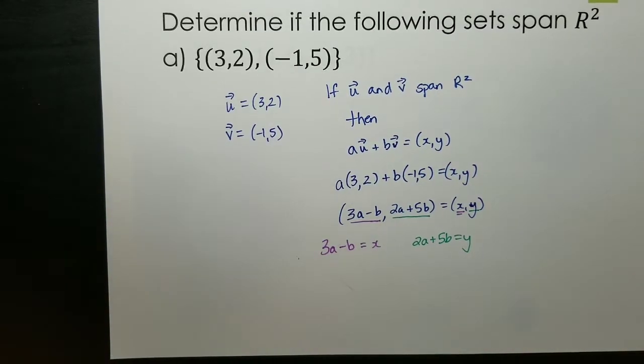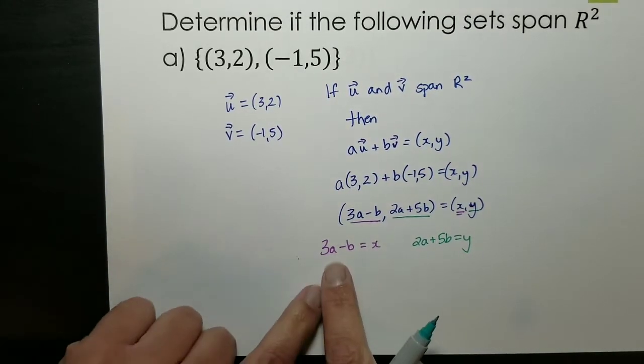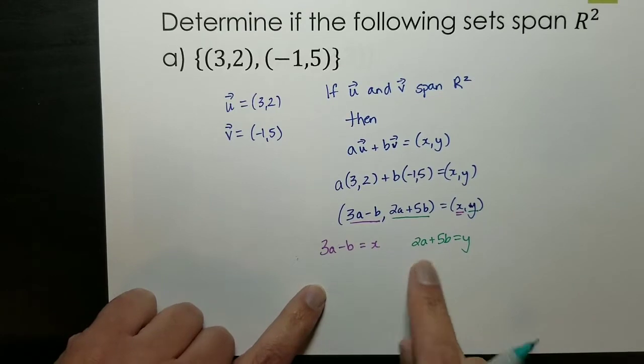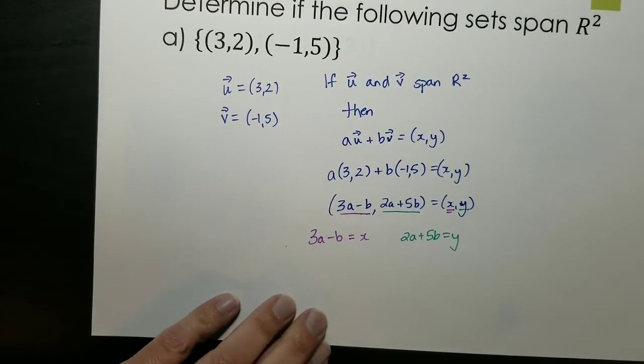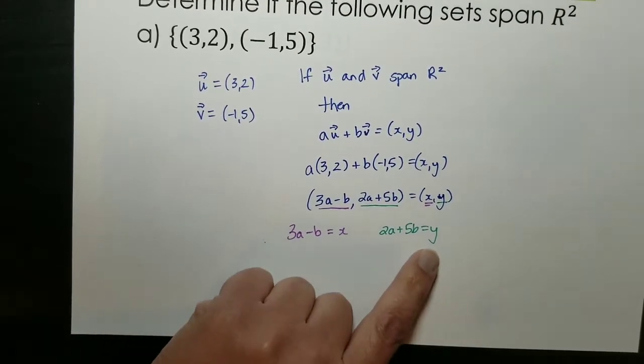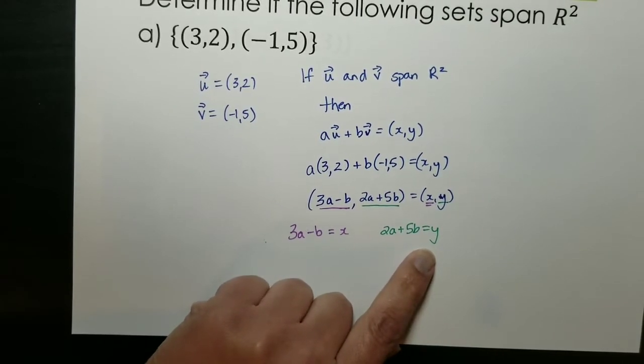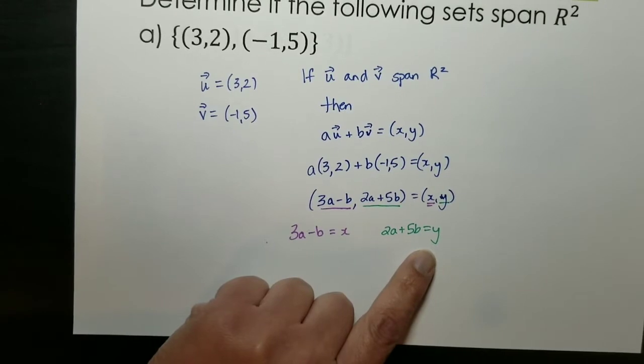What we want to do is see, can we solve for an a and a b so that we could figure out what that a and b would be for any particular case of x and y. So we're basically just going to try and rearrange this and solve for a and solve for b.